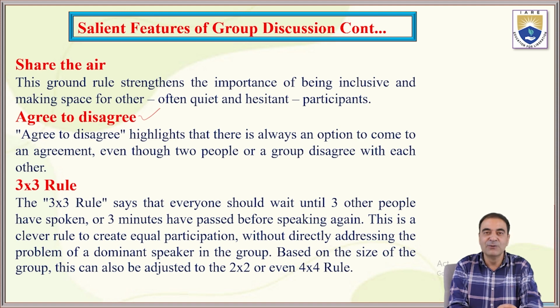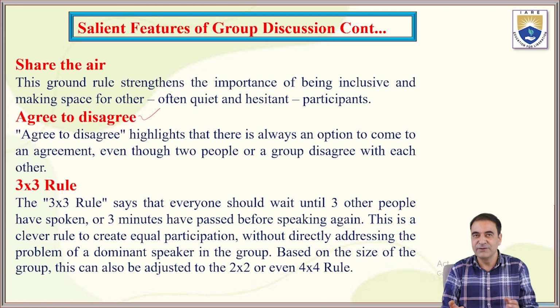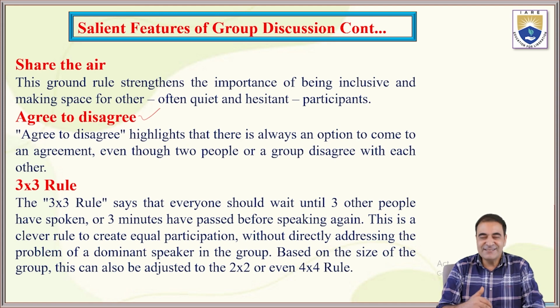This is the clever rule to create equal participation without directly addressing the problem of a dominant speaker in the group. Based on the size of the group, this can also be adjusted to a 2 into 2 or 4 into 4 rule.